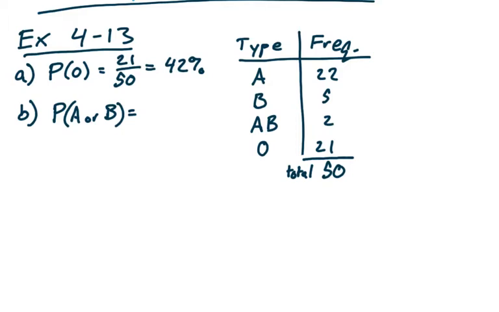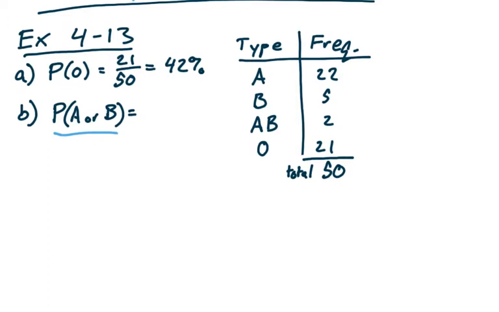For part B, they are asking us to determine the probability that a person has type A or type B blood. So I've written this as P of A or B. Now, in order that I don't spend the next 8 minutes having an argument about what the word or means, or what antigens are present in type AB blood, I'm just going to do this the way that we would naturally think about it.